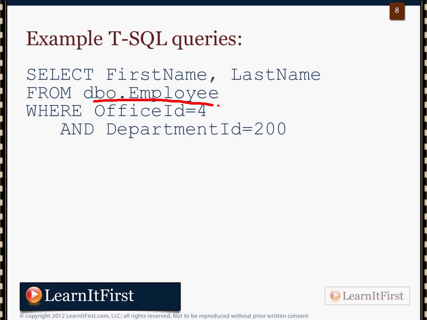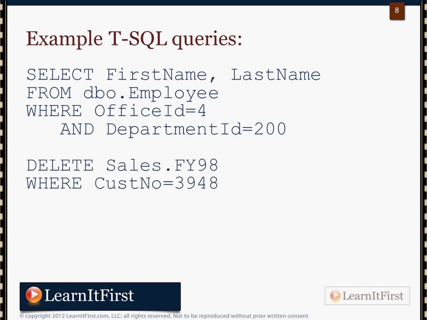From the employee table. And what data? The entire table? No, only those that met our criteria. The office ID column had to be 4, and the department ID had to be 200. And so it brought that data back. That's Transact-SQL. It just so happens this is also ISO standard SQL because we've not used any extensions here.